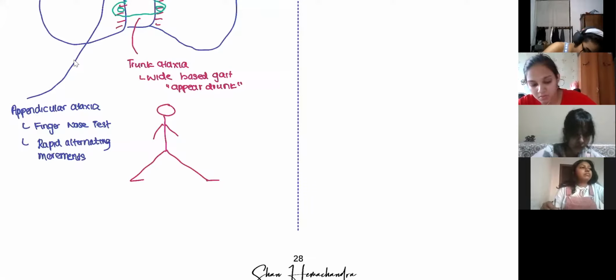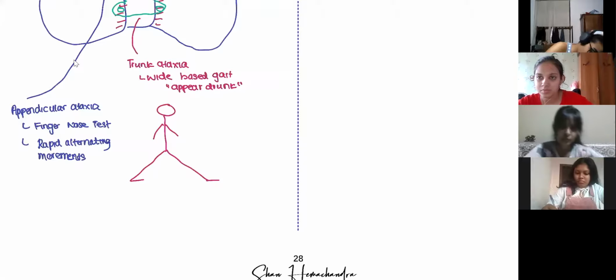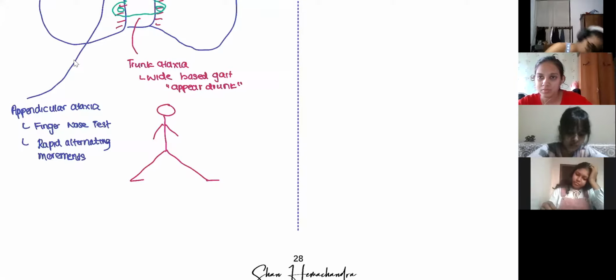So finger to nose. Okay. If there is ataxia, think of ataxia as abnormal movement or inability to reach the final destination. Think of it like this: the finger cannot reach the final destination.